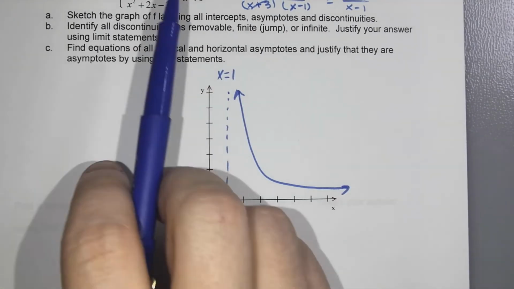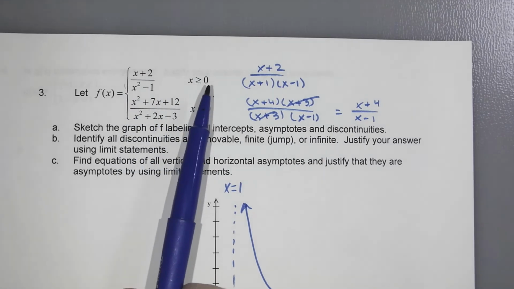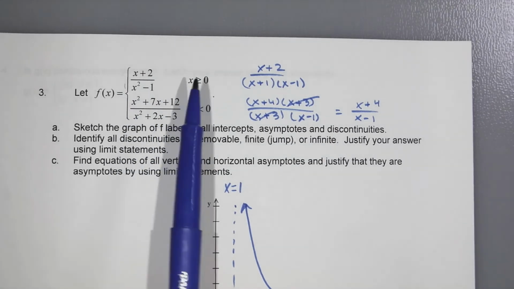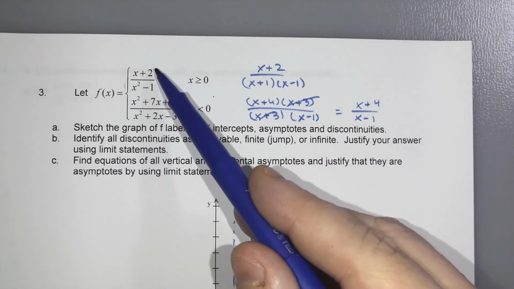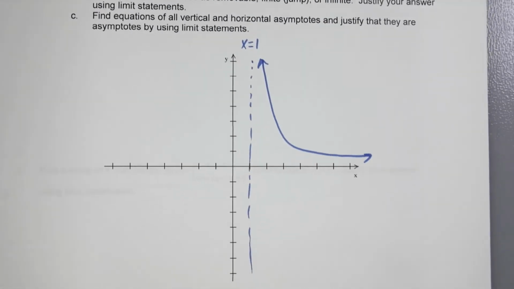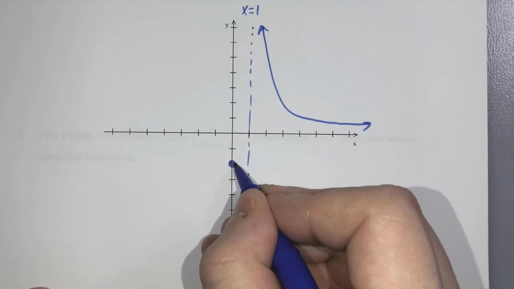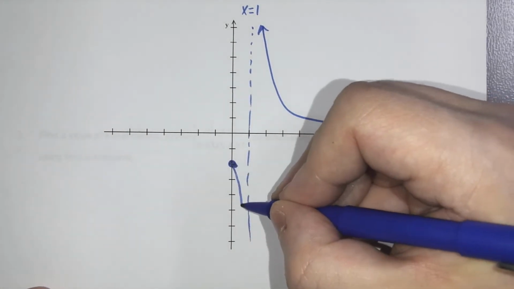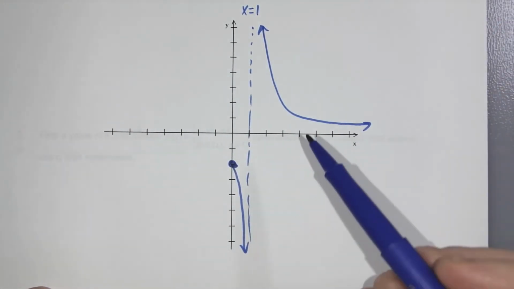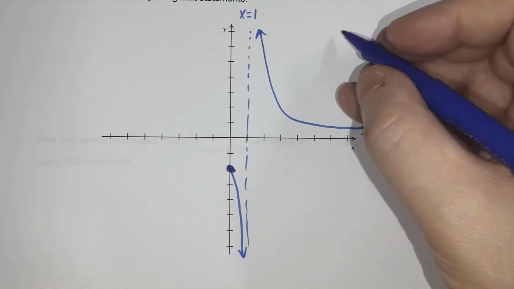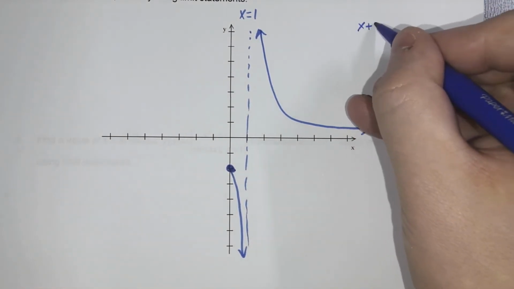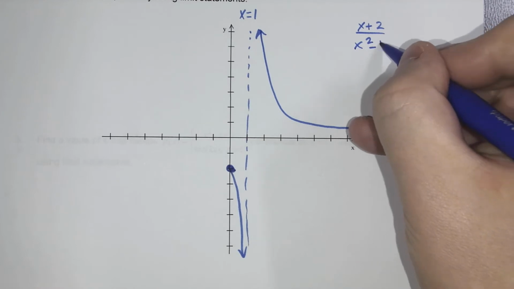And then I continue to have the graph for bigger than or equal to 0. So I also need to see what happens when I plug in 0, which is 2 over negative 1. That's a negative 2. And then that's going to be the part over here. So this is the graph of x plus 2 over x squared minus 1.